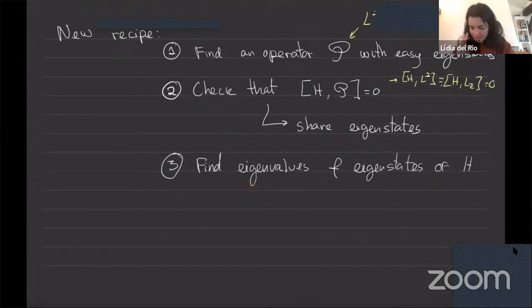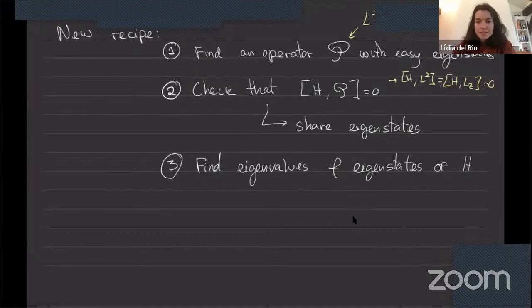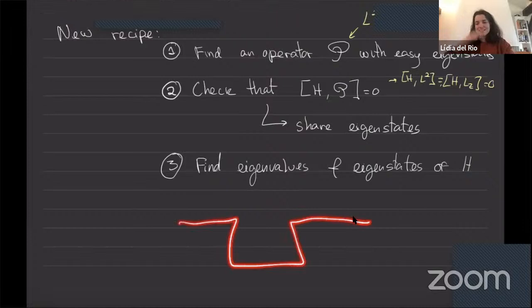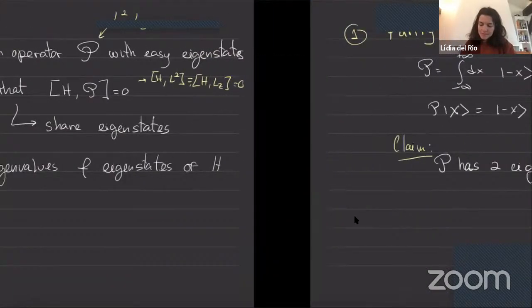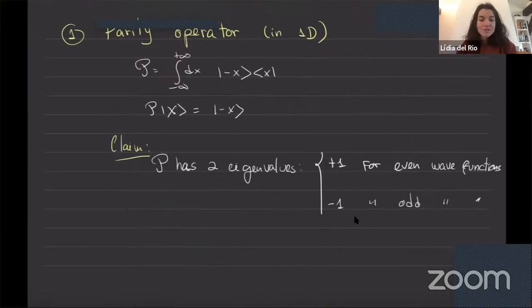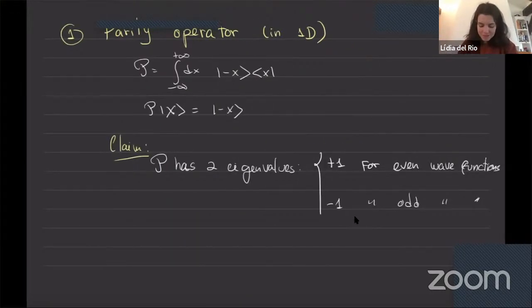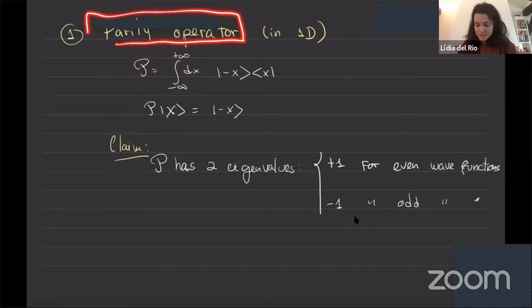And then we did a bit more work to find the exact eigenvalues and so on. So that's exactly the same setting, except it's going to be much, much easier because this potential is much simpler than the potential of the hydrogen atom. So we introduce an operator called the parity operator. This is in 1D. You can introduce a similar thing in 2 or 3 dimensions if you want.